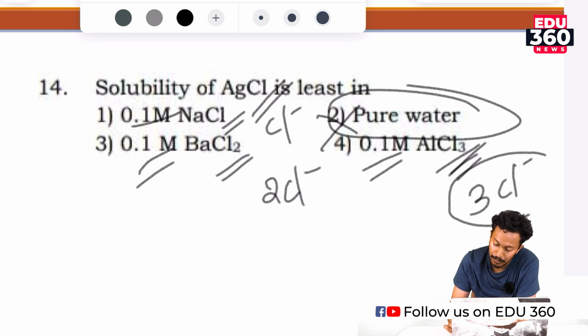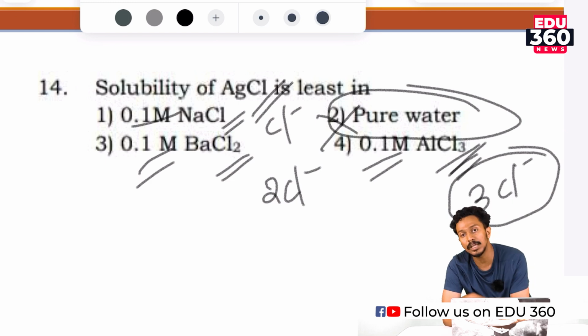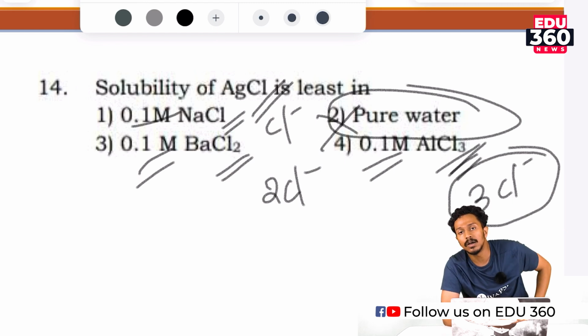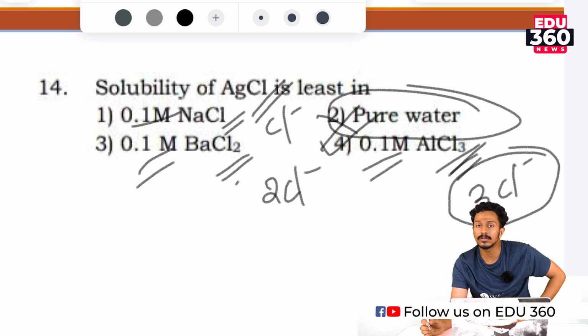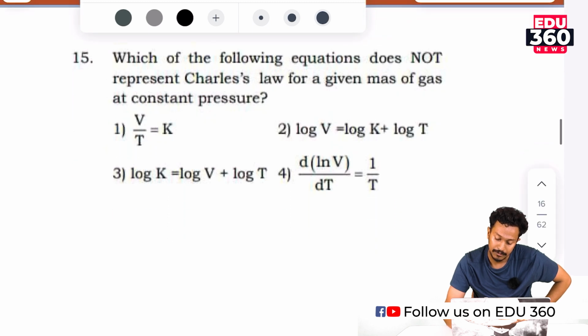So the correct option would be option number 4, because there are 3 chlorine ions in the solution, which hinders the precipitation of AgCl. So we could say that 0.1 molar of aluminum chloride gives the least solubility. Moving on to the next question.